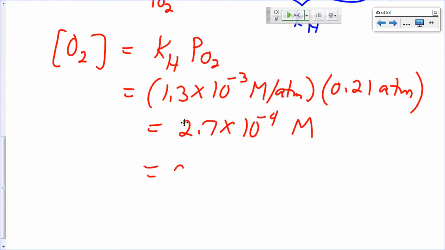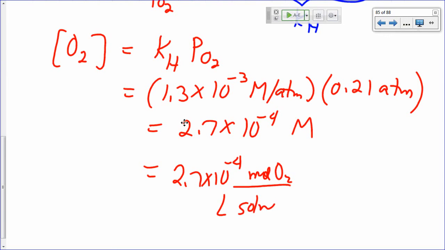So this is going to be 2.7 times 10 to the negative 4 moles of O2 per liter of solution, right? So how do I convert moles to grams? What's the molar mass of O2? 32 grams, 32.00 grams per mole.